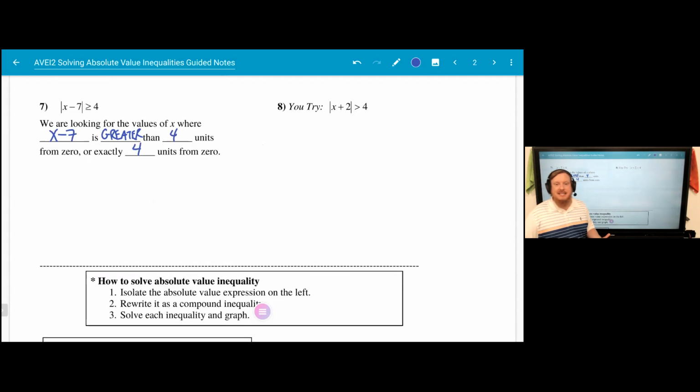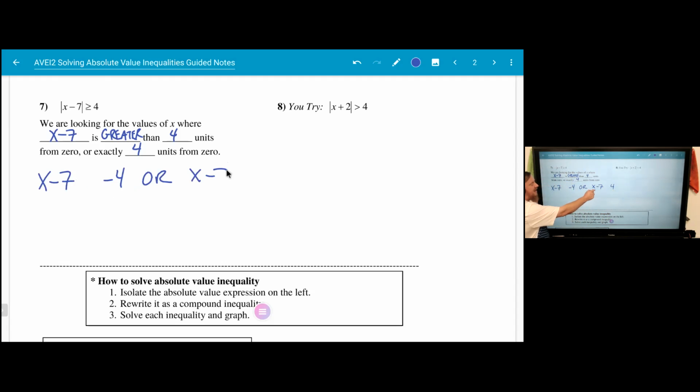I can take this and split this just like I normally do. It's an absolute value with a greater than or an equal to. So I've got x minus 7 and -4, or x minus 7 and +4.